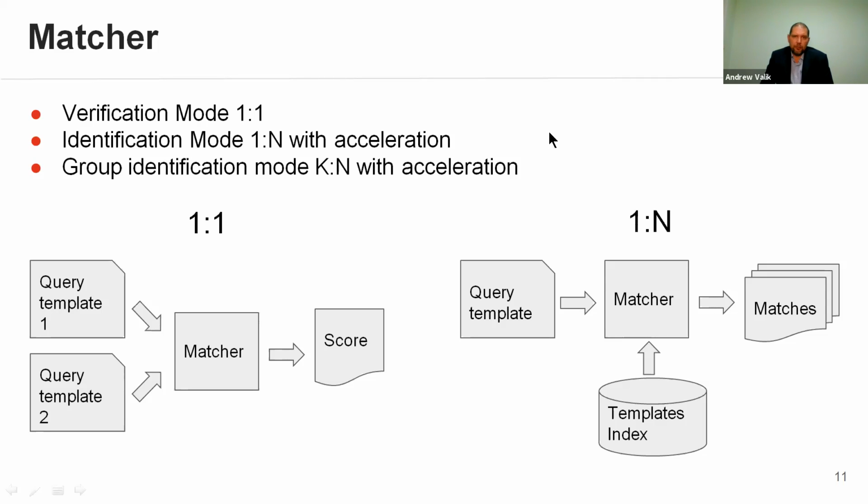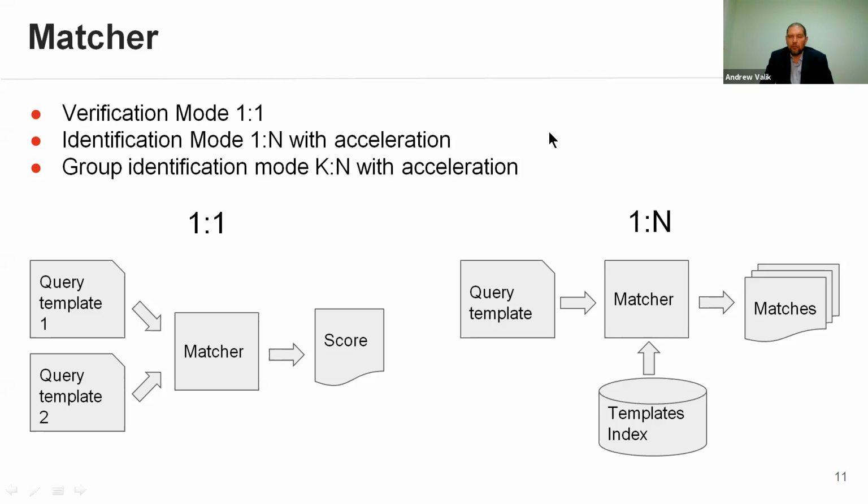And group identification mode is when you pass a group of templates and make identification across a big database. This mode is used to occupy all resources and to search your entire database, when you're at the stage of filling your database.